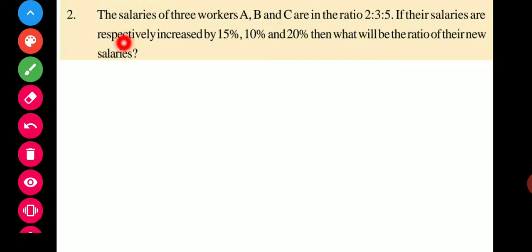Now come to the second question. The salaries of three workers A, B, C are in the ratio 2 : 3 : 5. If their salaries are respectively increased by 15%, 10%, and 20%, then what will be the ratio of new salaries? So how can we solve this? Check the question and do the question.